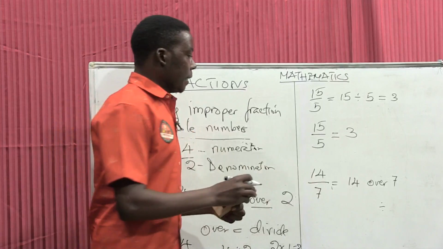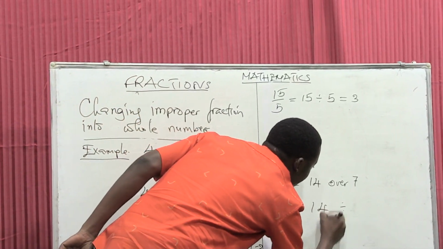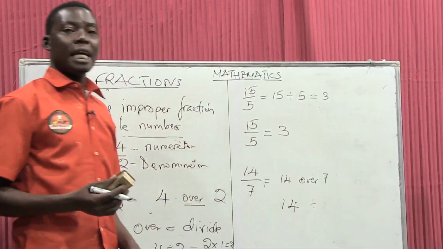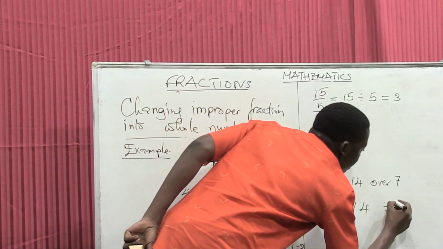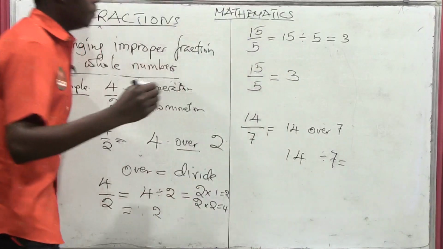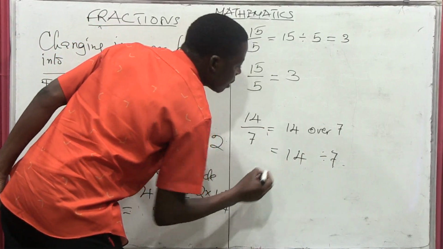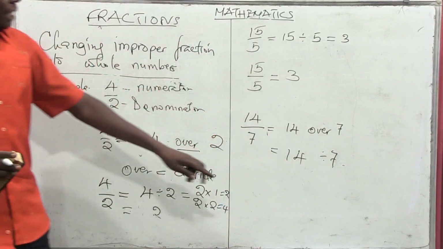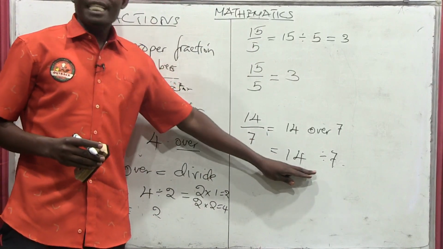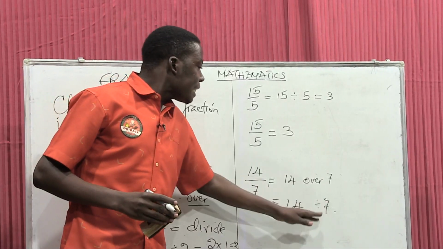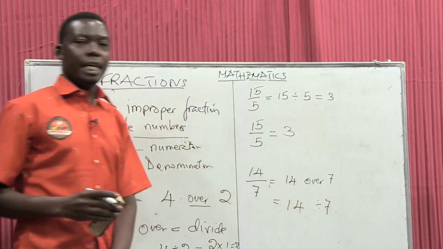Now, 14, then divide. Divide by what? You divide by 7. 14 divided by 7. Now class, you have 14 things, then you divide them into 7 groups equally.